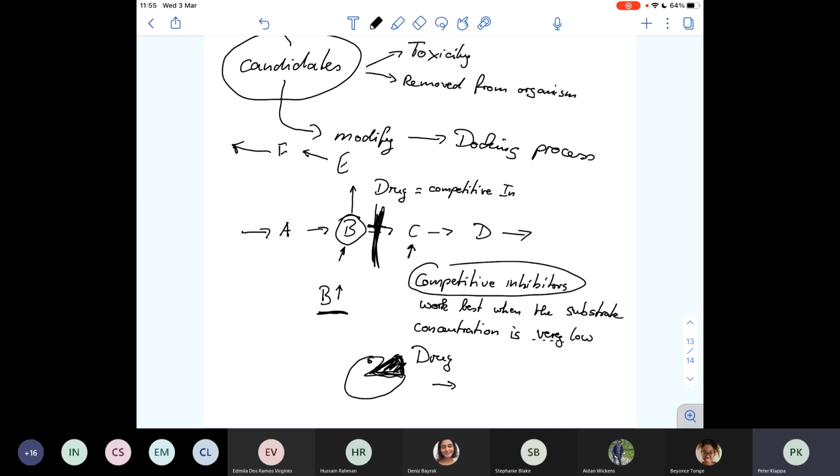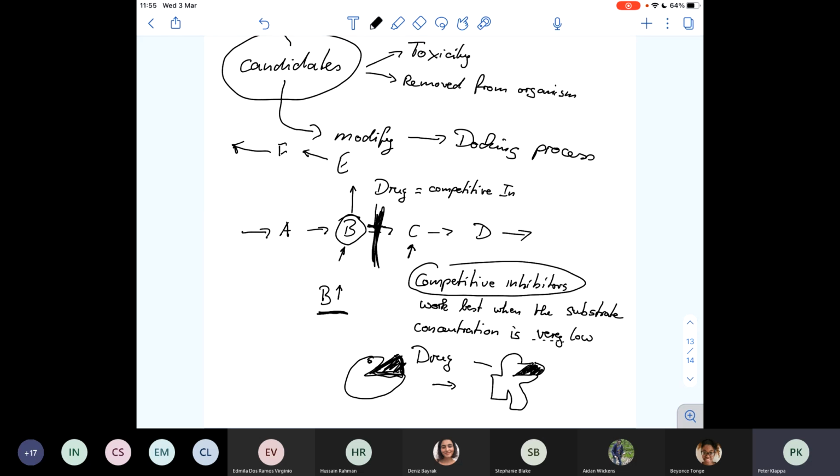Now, what this binding event now does is, of course, it does this conformational change with the drug bound, not the substrate, with the drug bound.